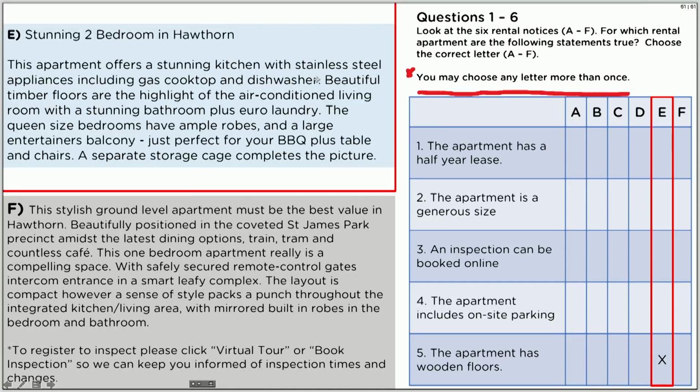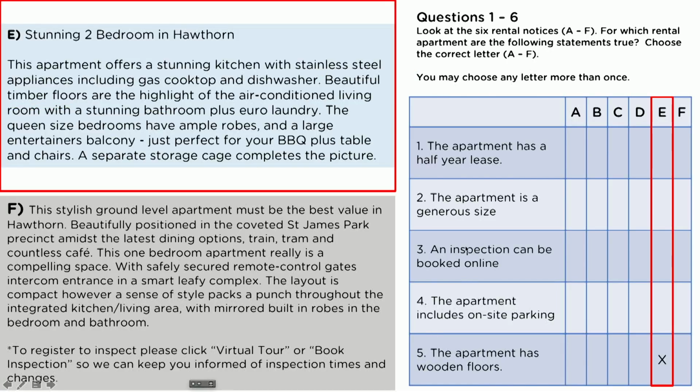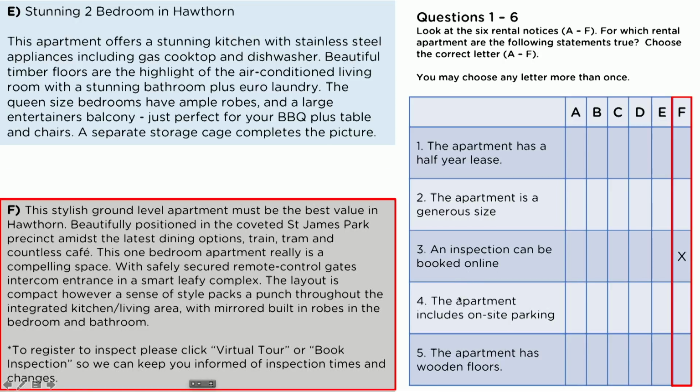Oh yeah, beautiful timber floors are the highlight. The apartment has wooden floors. So you can do number 5E. That's fine. And F, the last one, apparently with this apartment, an inspection can be booked online.